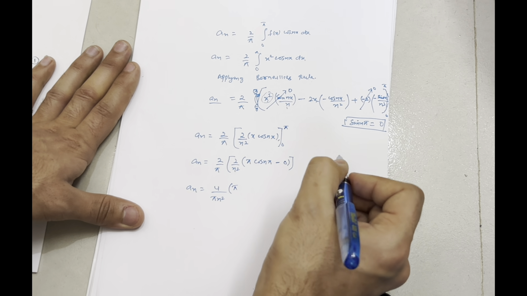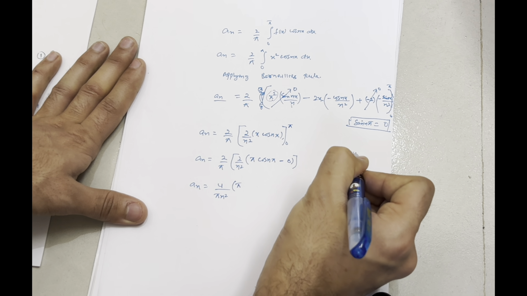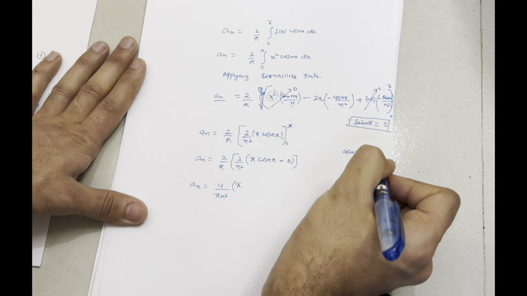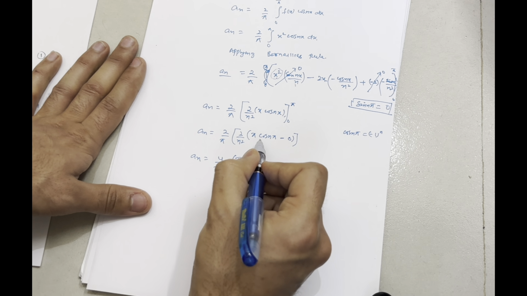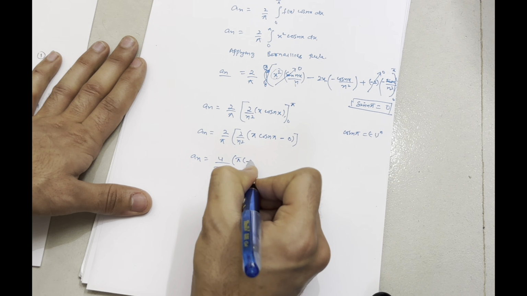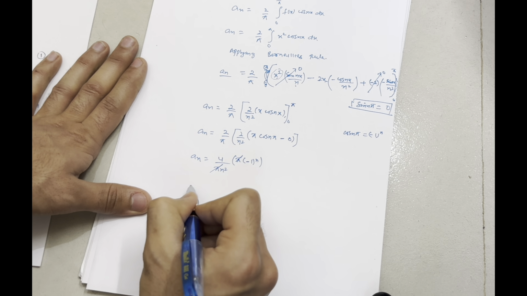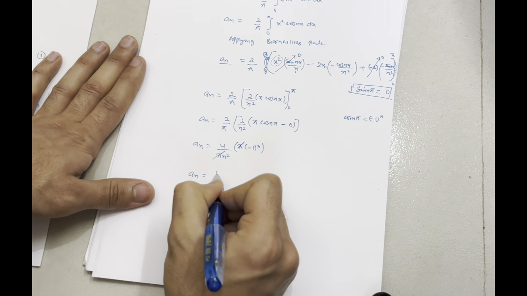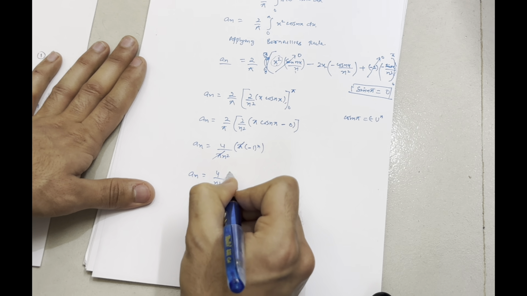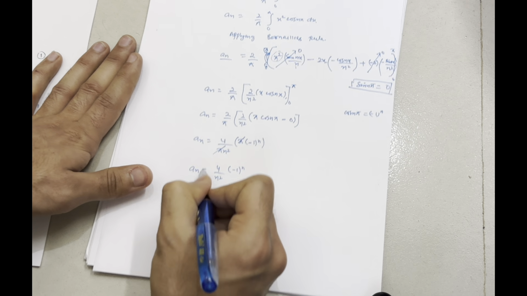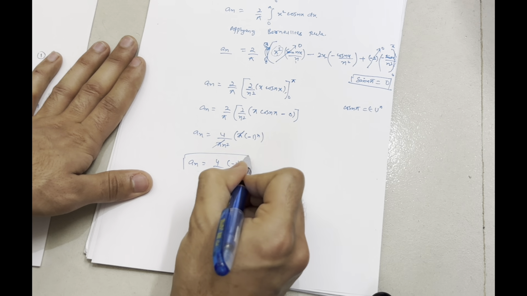Cos of n pi, we have the formula, is equal to minus 1 raised to the power n. Now this pi and this pi will get cancelled. An is equal to 4 divided by n square into minus 1 raised to the power n. This is the answer for this particular an.